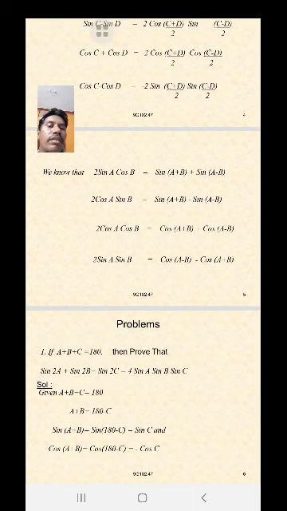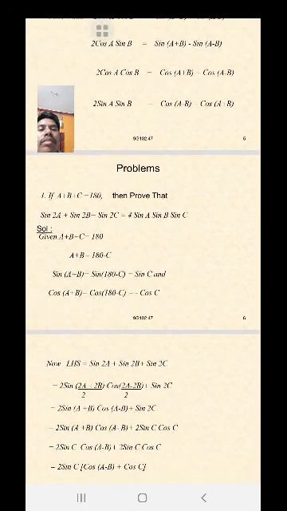We know that 2 sin A cos B equals sin(A plus B) plus sin(A minus B). 2 cos A sin B equals sin(A plus B) minus sin(A minus B). 2 cos A cos B equals cos(A plus B) plus cos(A minus B). 2 sin A sin B equals cos(A minus B) minus cos(A plus B).